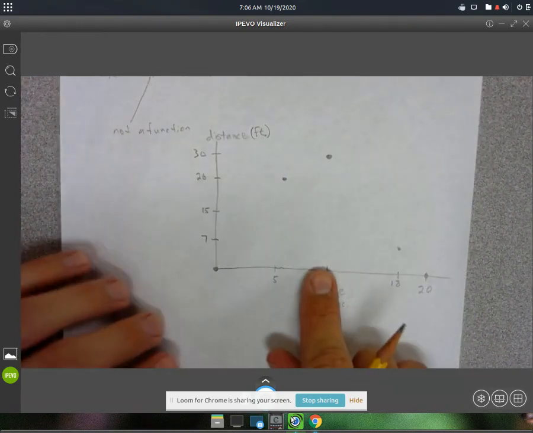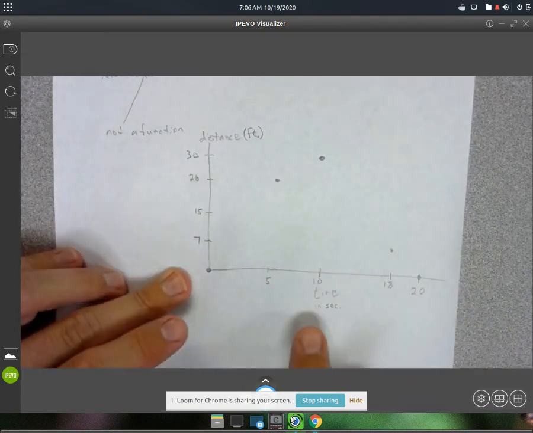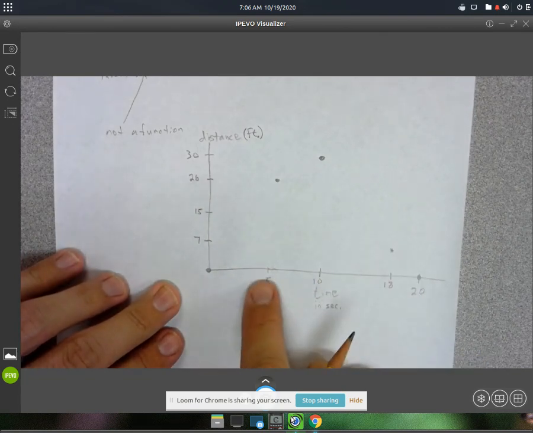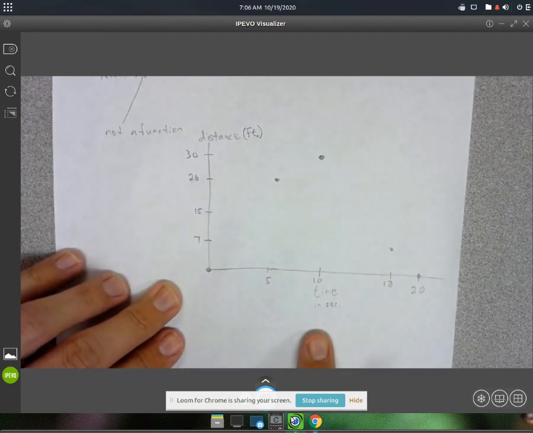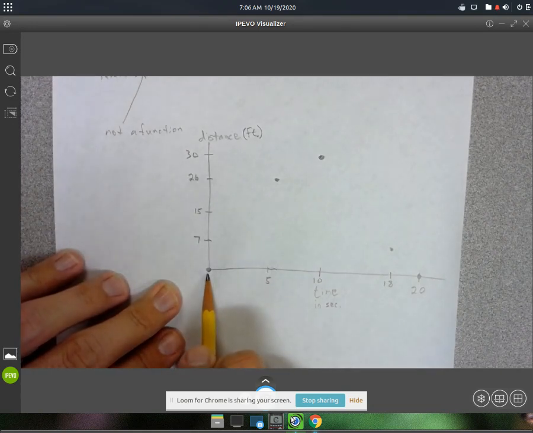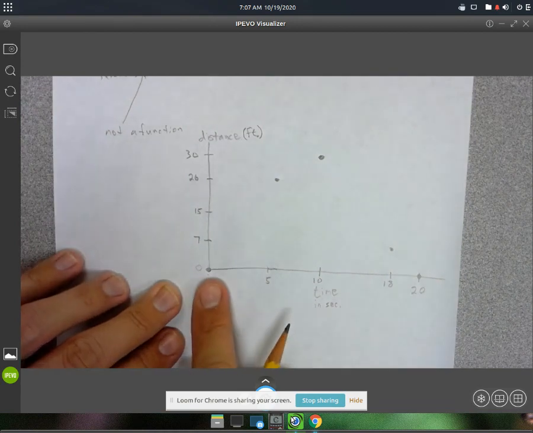This little graph represents me walking around my classroom, and it's going to take me 20 seconds to walk around it. I'm measuring the distance I am from the door at any given moment in time. When I first start, I have time zero, and I'm a distance of 0 away from the door.